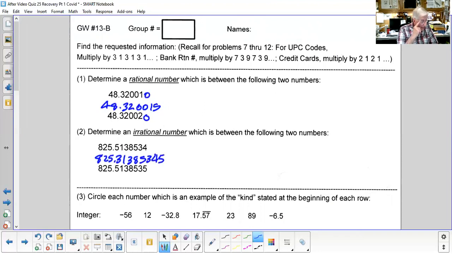By the way, if I put that down as 341 instead of 345 on the end, would it be between them? Yeah, I'd allow that. If you don't really want to add the numbers together and divide by 2, you can cheat and just do it in your head and make sure that you come up with a number that is between them.